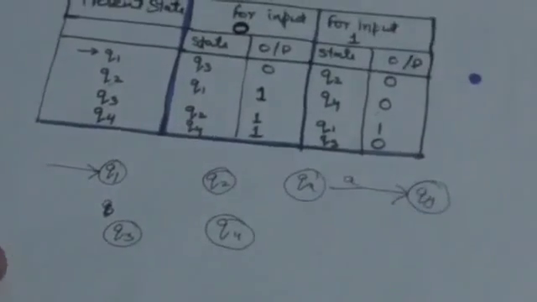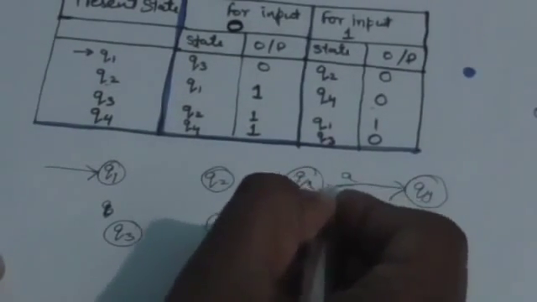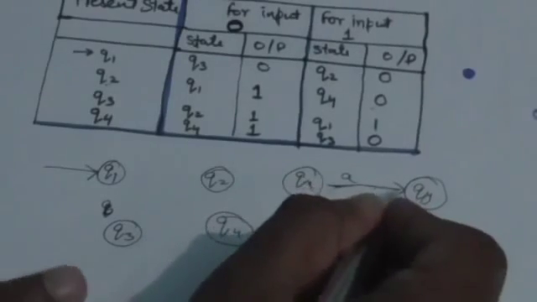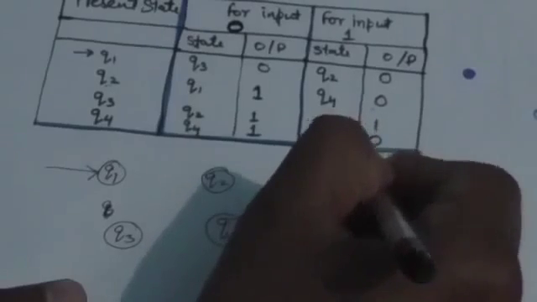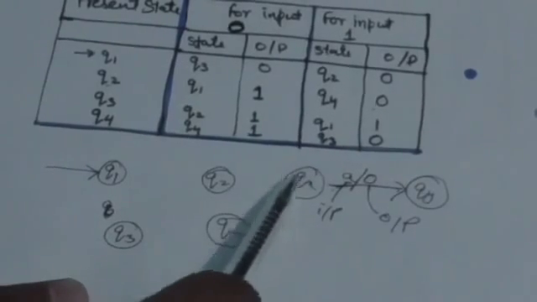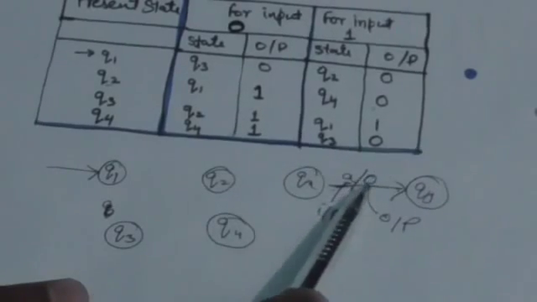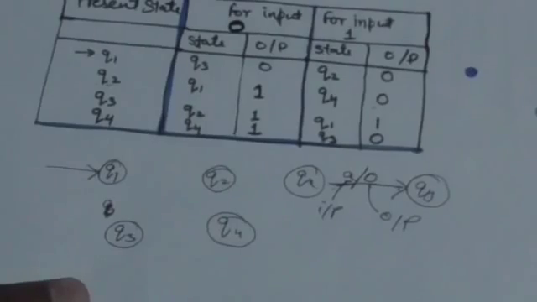Then we will label the arrow which represents transition by input symbol slash output, A slash 0. It means when machine is in QX state and it reads A, it will jump to QY and give 0 as output.